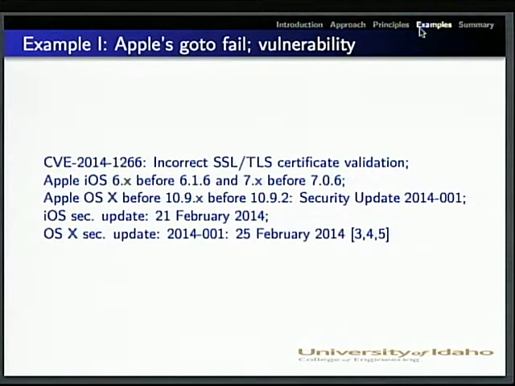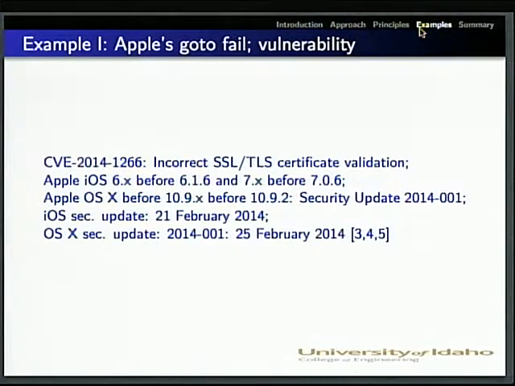But if you're using an Apple product, before they fix this vulnerability, which they have, of course, you were running this library that had this vulnerability. So it included all the iOS platforms, which is the iPhone, the iPad, and the Apple TV, and also the OS X software, which is the one that comes with Macs.